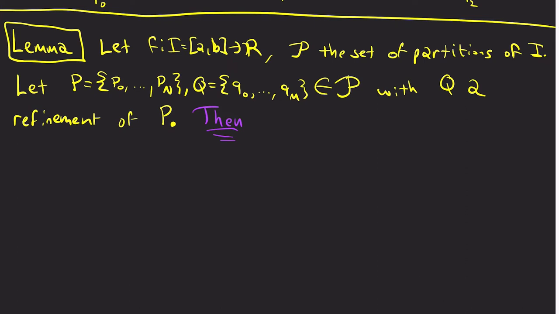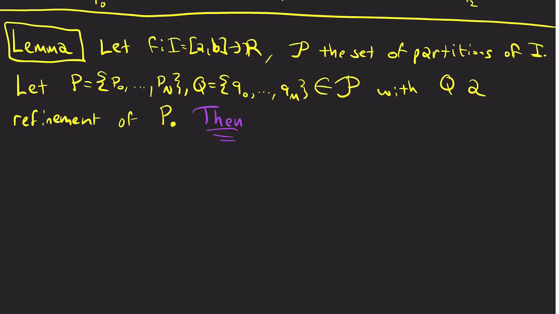So our typical setup, f from I to R, P is a set of partitions, same setup, 0 through N, Q, 0 through M, with Q being the refinement of P. Basically what this is going to say is that we expect, as we refine the mesh, to get closer and closer to the real value of the integral. In other words, that the lower Darboux sum converges to the upper Darboux sum. But this is in a finite sense.